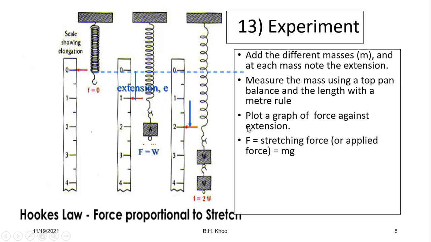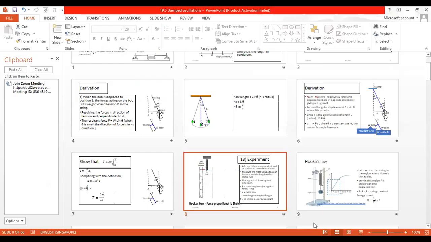Then we can plot a graph of force against extension. Force is the stretching force or the applied force equal to mg. X is the, sorry, it should not be x, it should be e. We use symbol e.